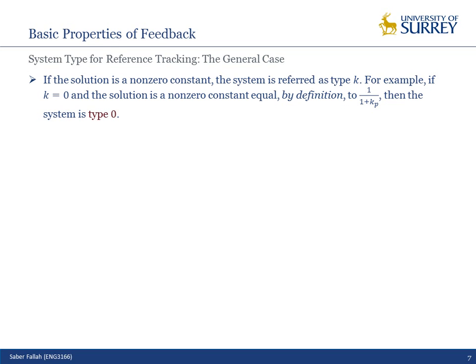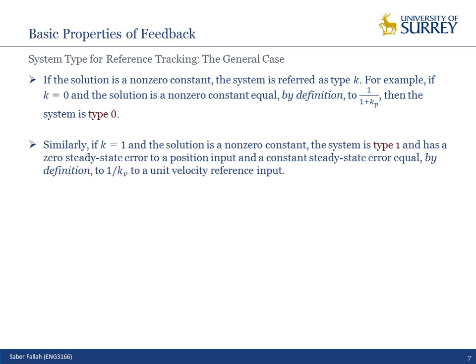Okay, if I have type 0, and if I have type 1, the steady state error will be in the form of 1 over Kv, which is the type 1 system, and the name of Kv is the velocity error constant. From last week again.